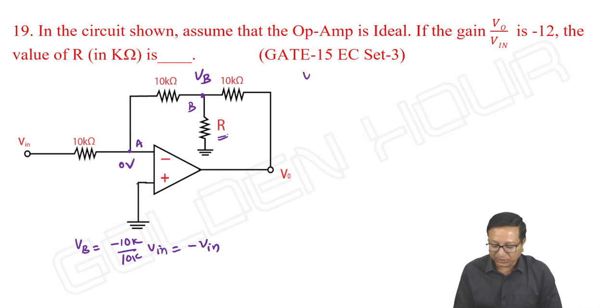If this is also 10K, then V output by V input might be minus 3, but this is other than 10K, that's why you are getting 12. Okay, let it be. So let us find, anyway all are in kilo ohms. Let me take this is also kilo ohms. I'm just writing R kilo ohms.